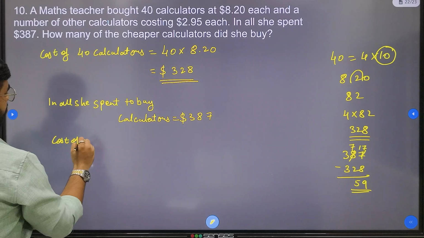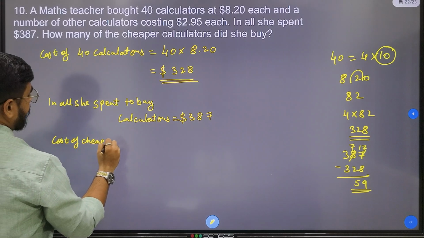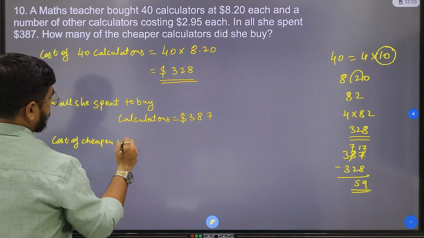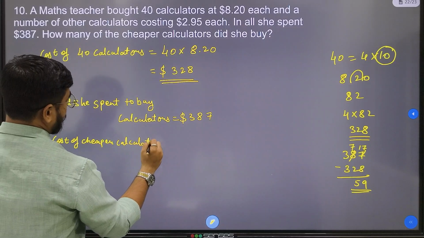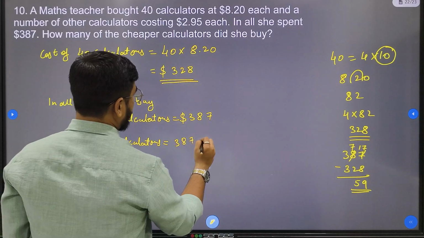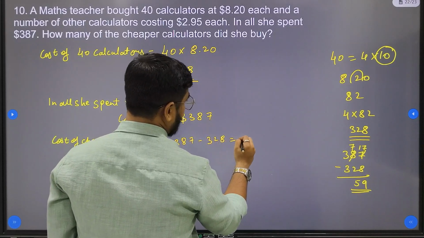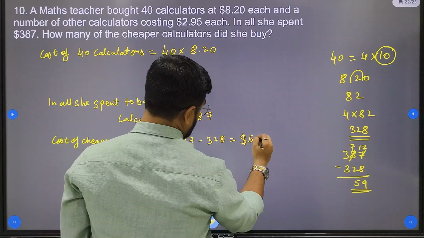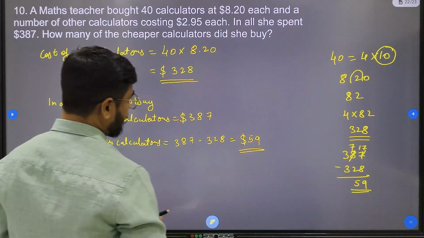Cost of cheaper calculators. What we have is 387 minus 328, that is $59.